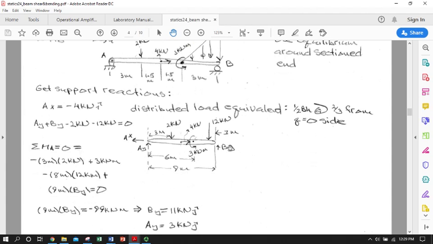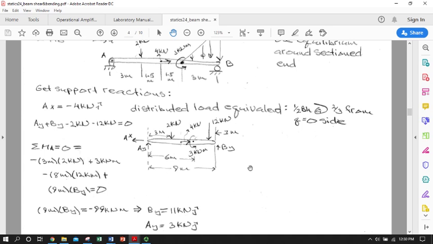So here's our FBD for our beam to get A sub y and B sub y with all of the applied loads: 2 kilonewtons vertical, our horizontal 4 kilonewtons, our 3 kilonewton meters point moment, and then our resultant for our distributed load at 12 kilonewtons being applied 1 meter from the end.